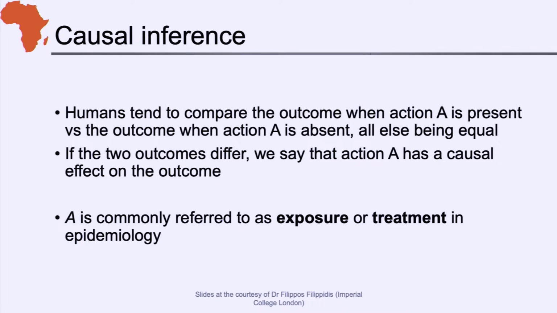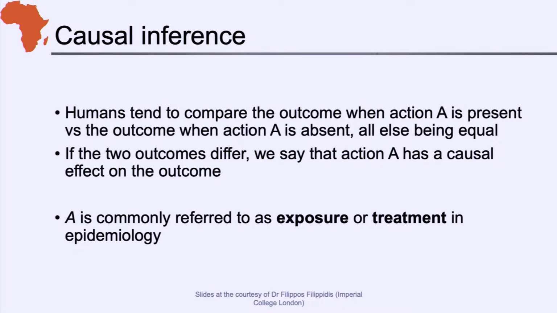Say, for example, you have a new treatment option and you compare that to the status quo, the do-as-per-usual scenario, and you see a difference. Then the treatment has a causal effect on the outcome.